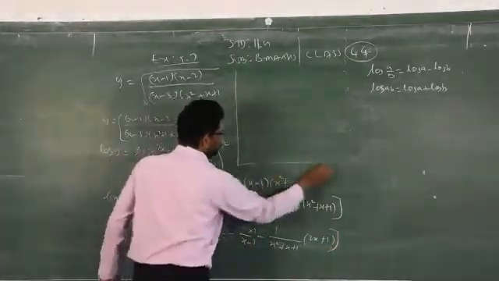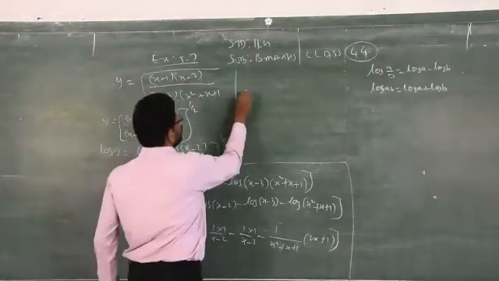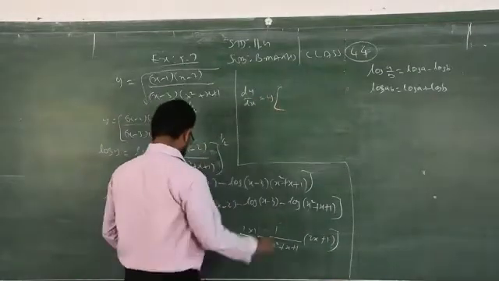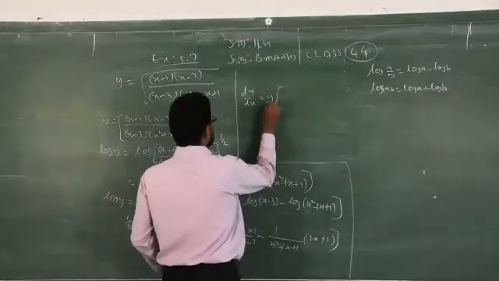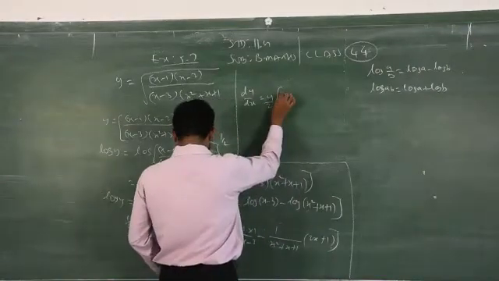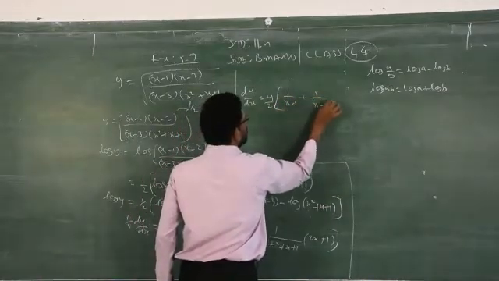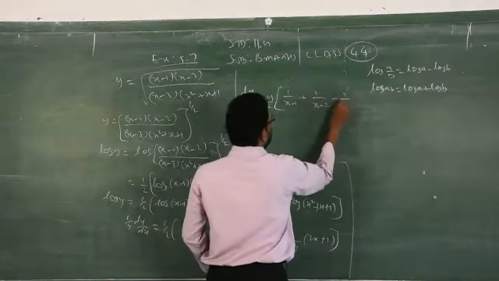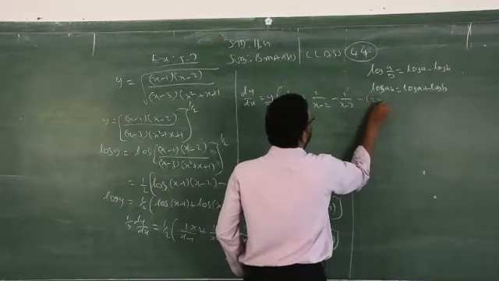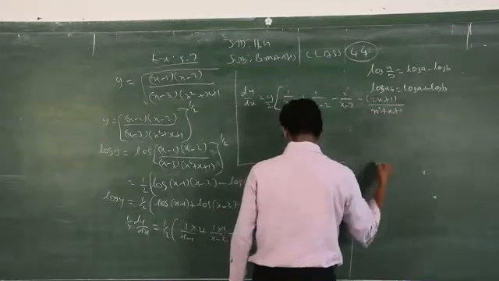Now, after that, no need to simplify, just write it as it is. dy by dx is equal to y by 2 times [1 by (x minus 1) plus 1 by (x minus 2) minus 1 by (x minus 3) minus (2x plus 1) by (x square plus x plus 1)].